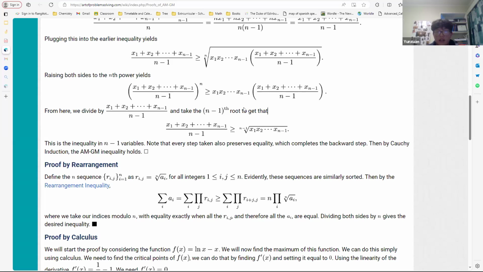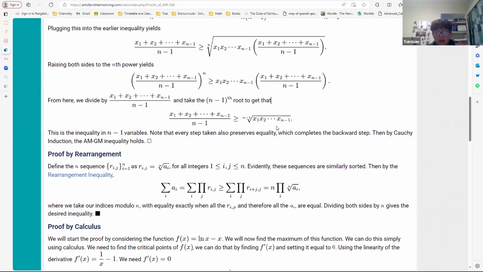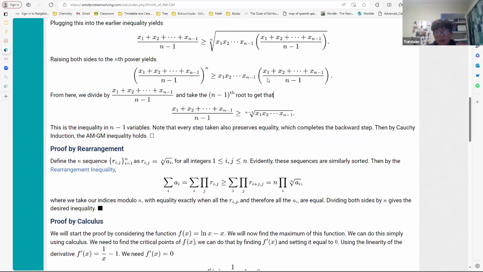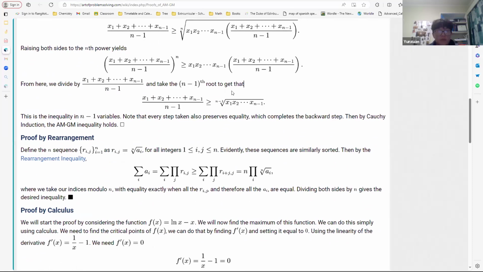And after that, we can take the n minus 1th root. And then after we take the n minus 1th root, we get that the arithmetic mean of x1 through xn minus 1 is larger than or equal to the n minus 1th root of x1 through xn minus 1.